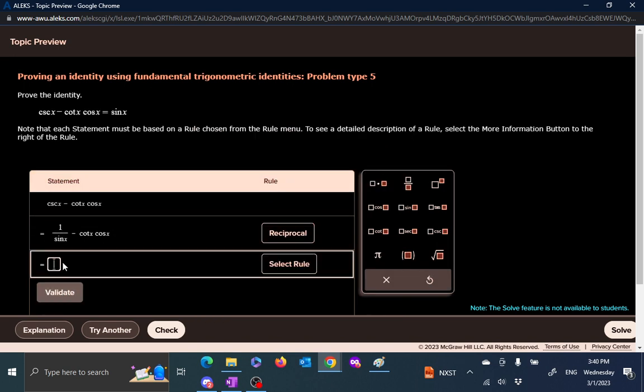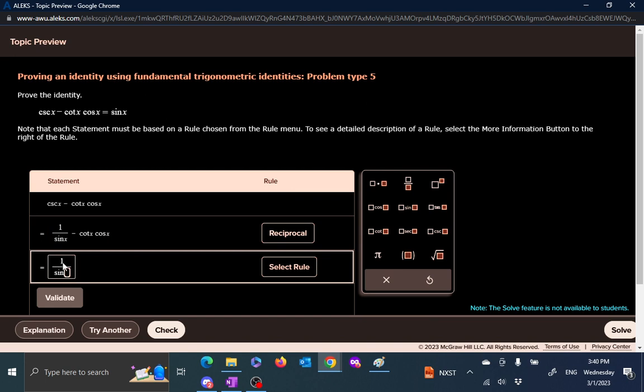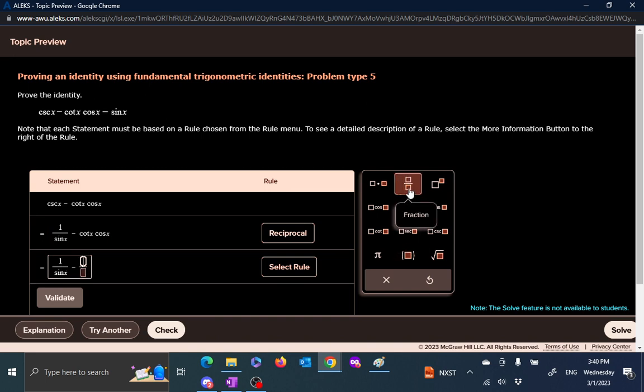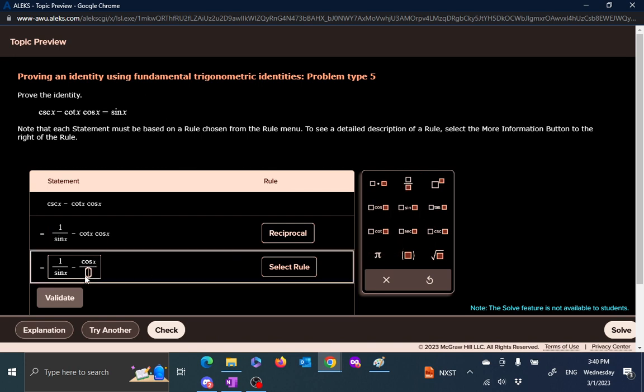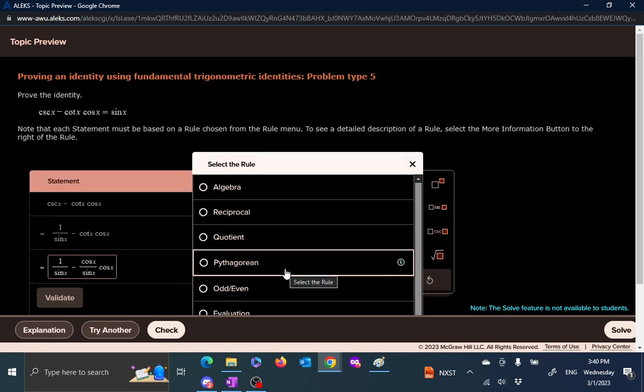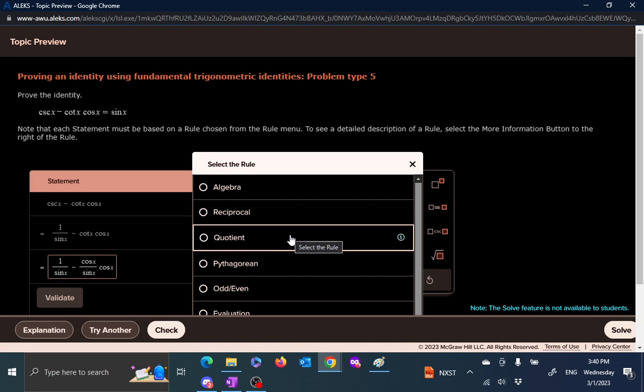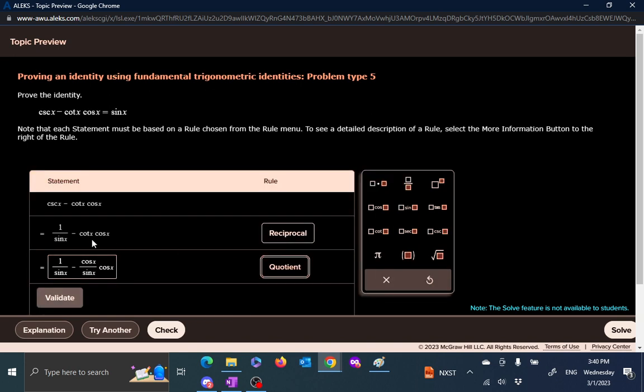Next, I use 1 over sine of x, and then I subtract cotangent of x, which is, let's make a fraction here, cosine of x divided by sine of x, and then I have another cosine of x. What did I use? I used quotient to replace cotangent with this one.